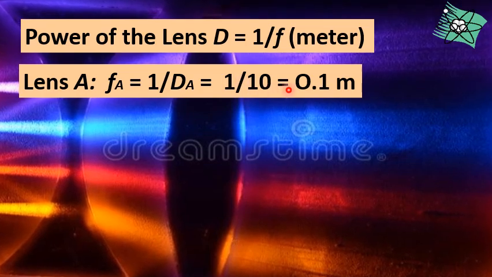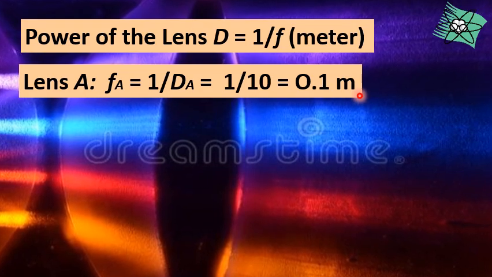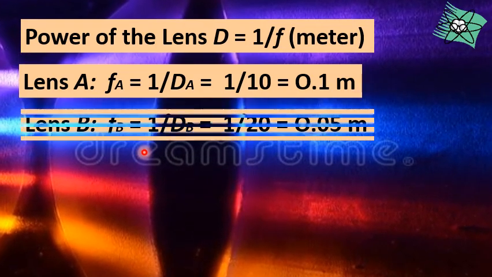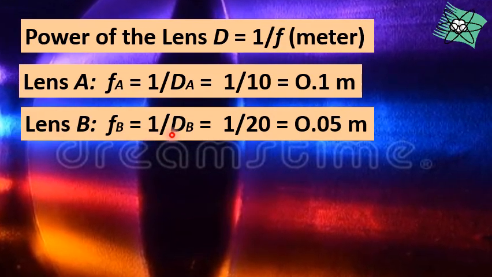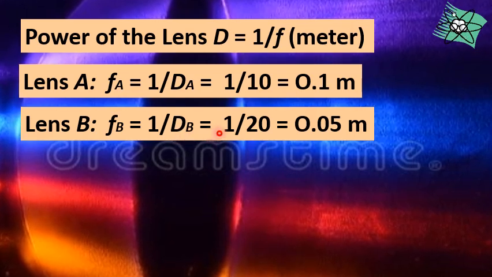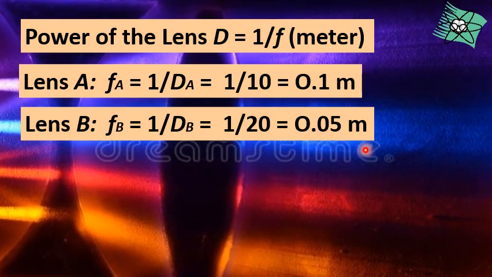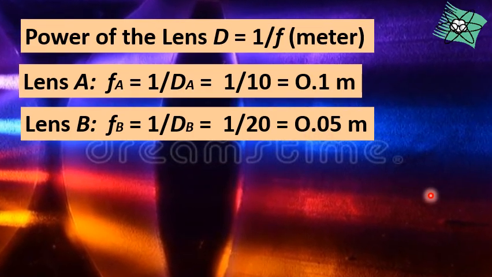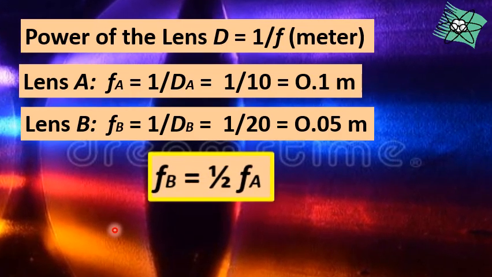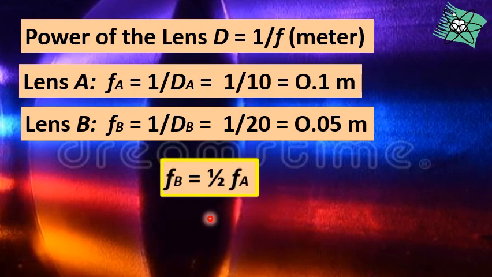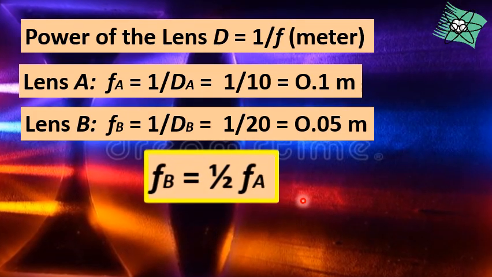So 1 over 10 is 0.1 meter. While for lens B, its focal length fB is also the reciprocal of its dioptic power, 1 over 20. That gives us 0.05 meters as the focal length of lens B. So obviously, the focal length of lens B is only 1/2 as large as the focal length of lens A.